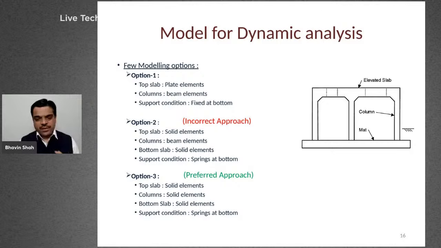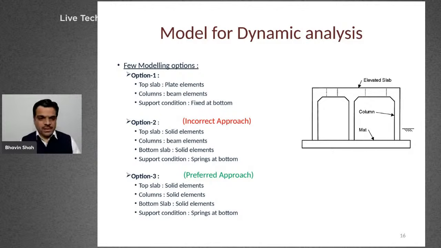Whenever we talk about dimensions of 1.5 meter or 1.2 meter, and we model using 3D solid elements, the stiffness we get from those solid elements is definitely higher than the single line beam element in the computer model.